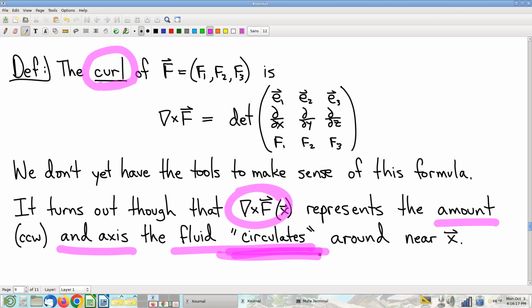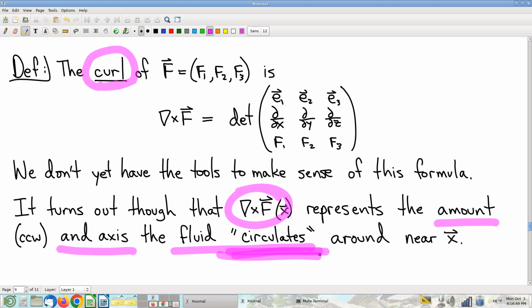So you can rotate fluid around any axis at all. And the direction the curl vector points is going to tell you what that axis is that the fluid is rotating around. And by way of its magnitude, it's going to tell you, in some sense, is it a lot of rotation or perhaps a gentle, slight rotation?